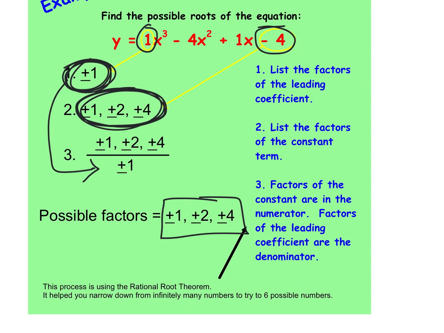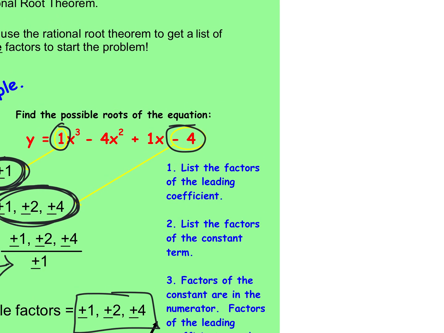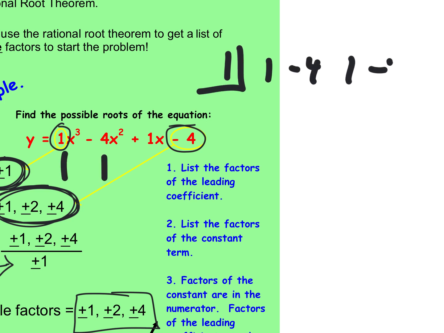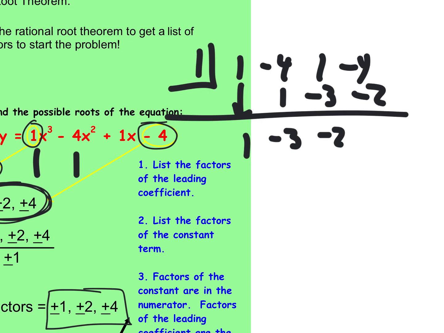But let me show you, if you're good at this, how fast that can be. I'm going to test 1. And then I put in these numbers: 1, negative 4, 1, negative 4. I draw the line, drop it like it's hot, multiply, add, multiply, add, multiply. Did they cancel out and make a 0 at the end? Nope. So it wasn't 1.